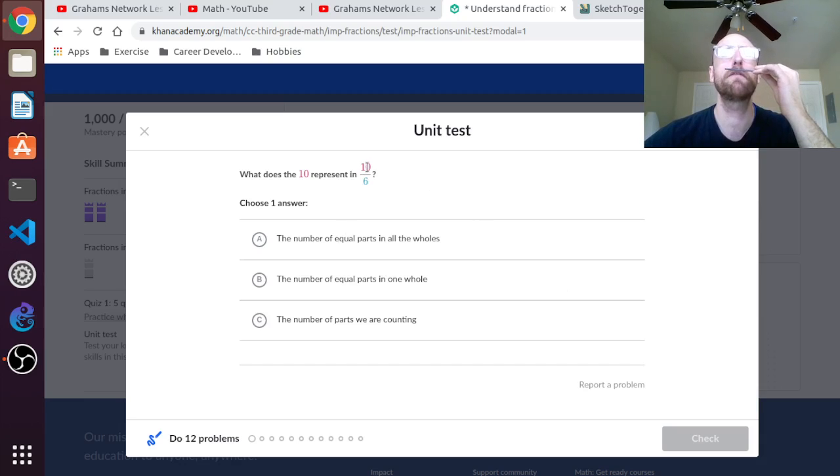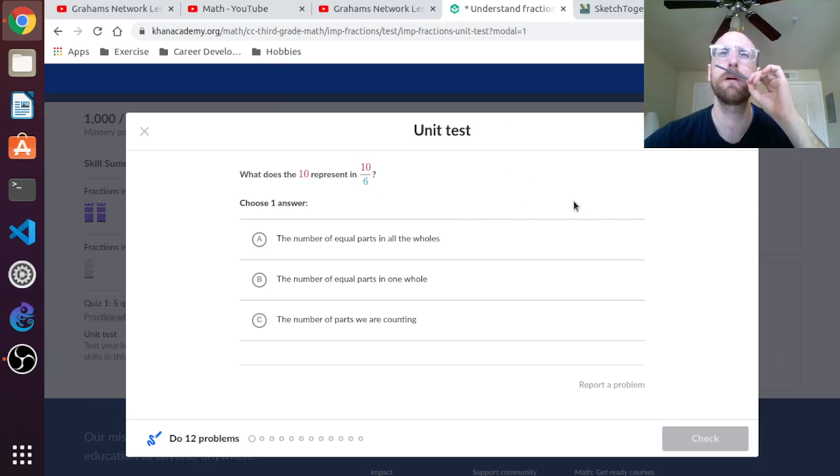So let's simplify this. Let's not think of it as 10 over 6, and let's think of it as 1 over 2. So 1 over 2, that is 1/2. So the total, if we were to think of this as a pizza or a pie, and we were to think of it as 1 over 2 instead of 10 over 6 to simplify it, the entire thing would represent the entire pie.